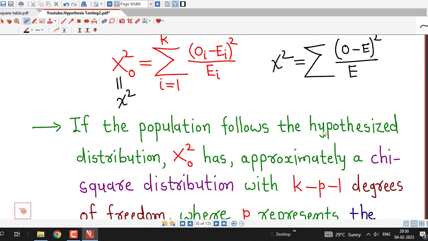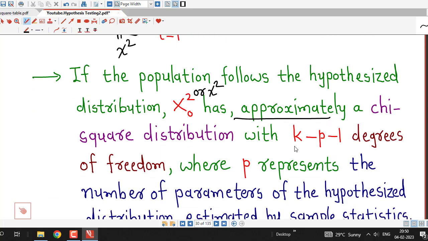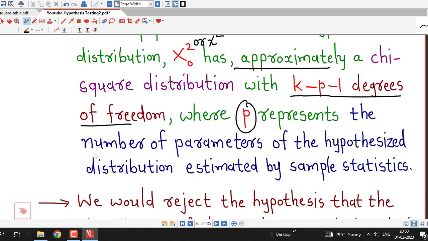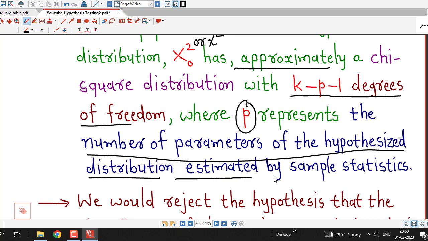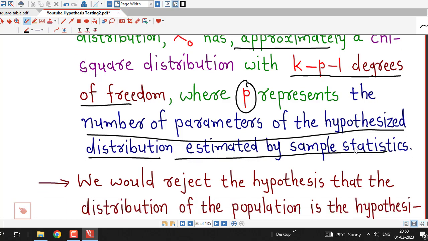If the population follows the hypothesized distribution, this X naught square or chi-square has approximately a chi-square probability distribution with k minus p minus 1 degrees of freedom, where this small p represents the number of parameters of the hypothesized distribution estimated by sample statistic.